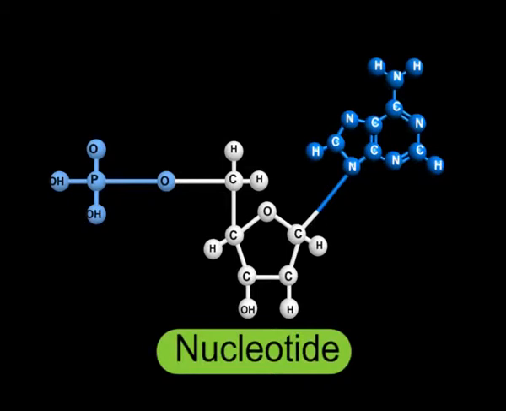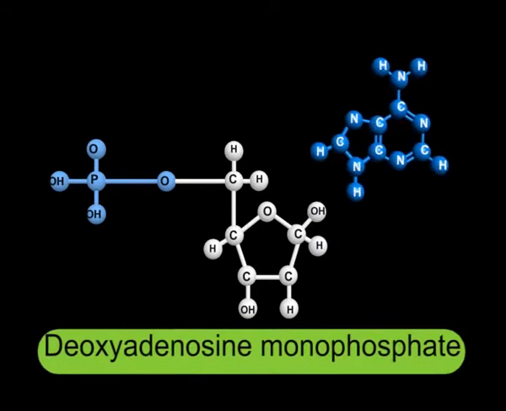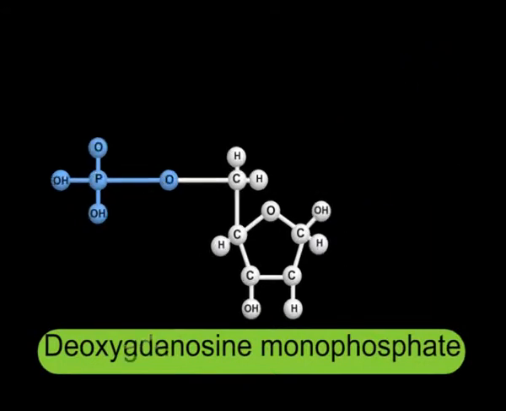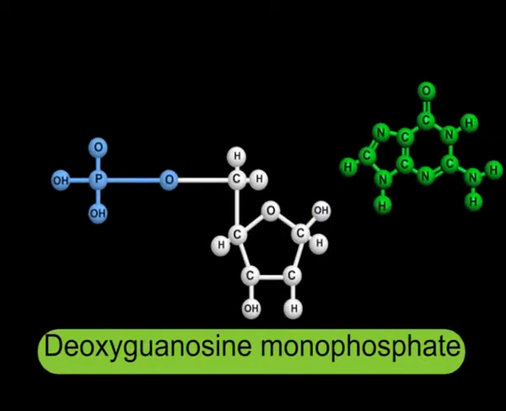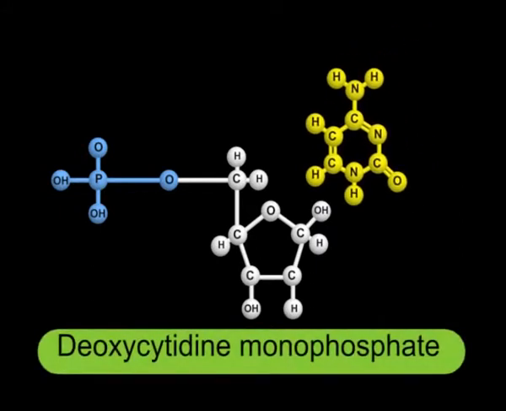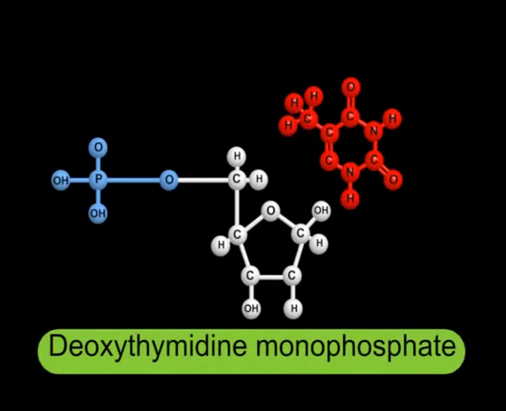The four types of nucleotides are deoxyadenosine monophosphate, deoxyguanosine monophosphate, deoxycytidine monophosphate, and deoxythymidine monophosphate.